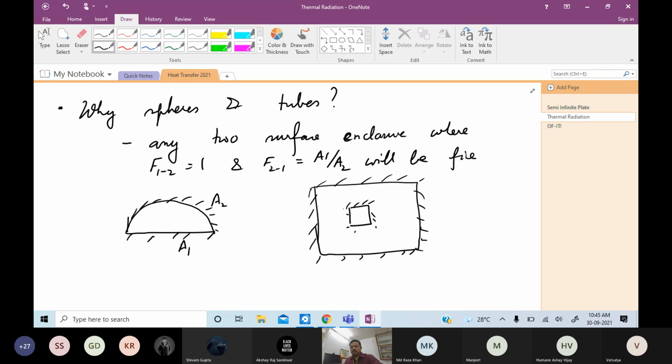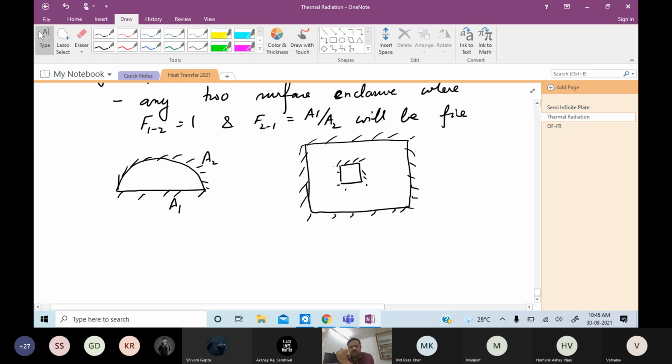So although we derived the relation for concentric tubes, the relation is valid for a variety of scenarios, provided that F12 equals 1, that one shape factor is 1 and the other shape factor is A1 by A2. And it's an enclosure, definitely. Two surface enclosure.